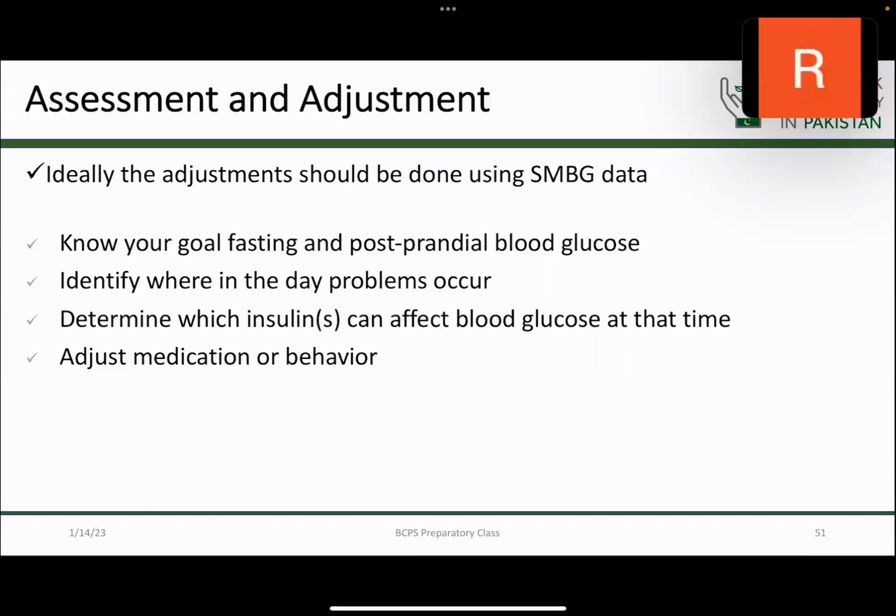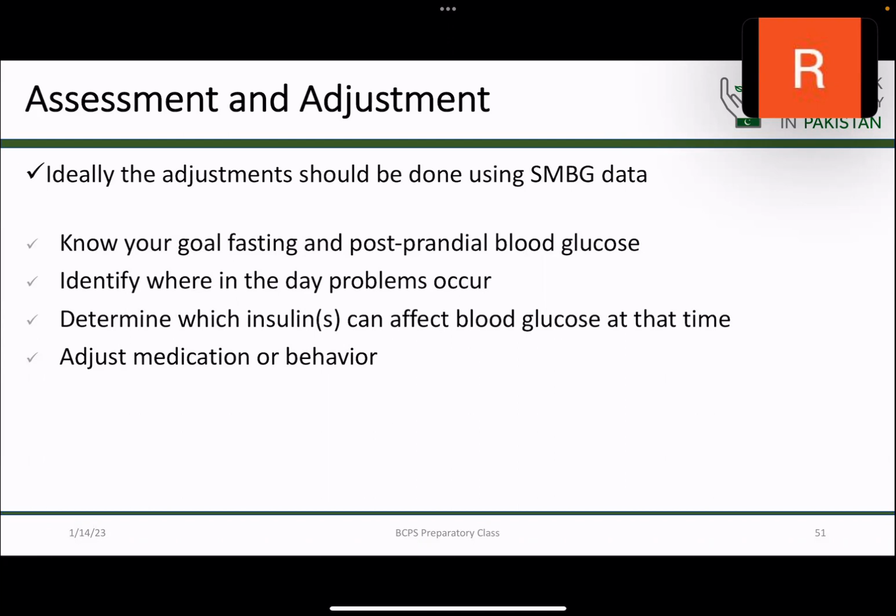Depending on that, you can adjust the dose of basal insulin for fasting glucose, and for postprandial glucose levels you can adjust the bolus insulin. If the problem is in the fasting blood glucose, you adjust basal insulin. If the problem is in the postprandial glucose levels, you adjust the bolus insulin which you give the patient before the meals.